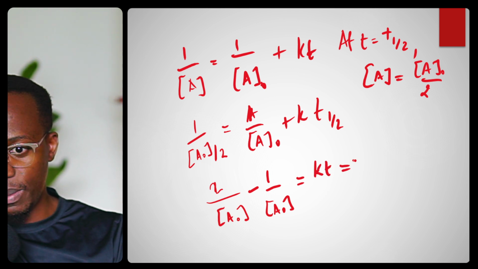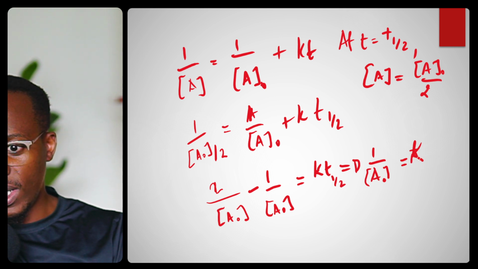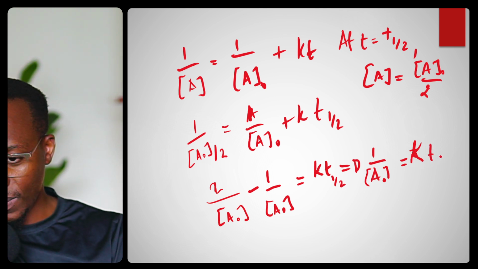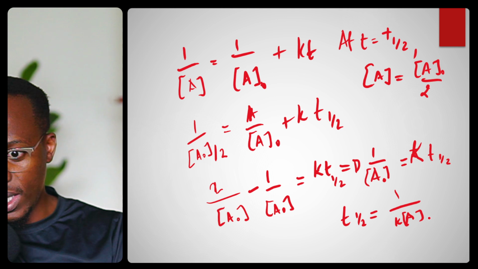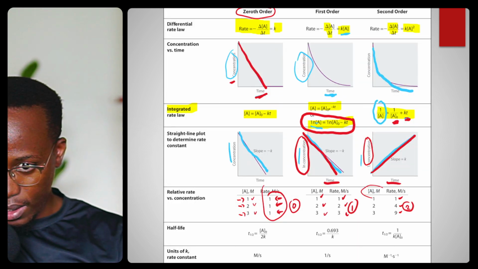Then 2 over A0 minus 1 over A0 is 1 over A0, which is equal to k t half, where t half is the half-life. And then that tells me that our t half is going to be equal to 1 over k, right? So this is where we get our expression of half-life.